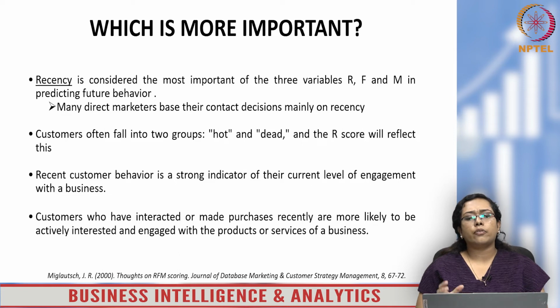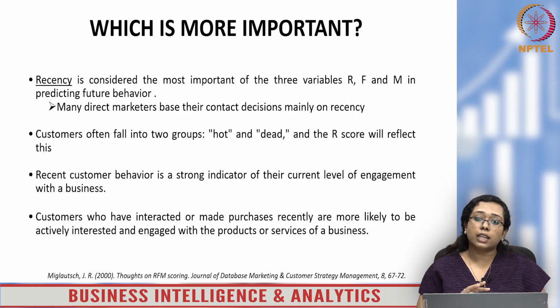So if they have been a frequent customer 5 years ago, and they have also purchased a high monetary value worth of items, but they are not at all recent, so they came 5 years ago and made purchases, they are not coming now, that means that the customer has churned off. So different strategies have to be formulated in order to bring back the customer into the system. That strategy might not be the same as what we are doing with high R, F and M customers.